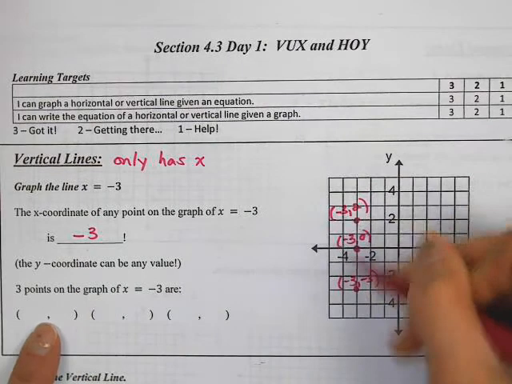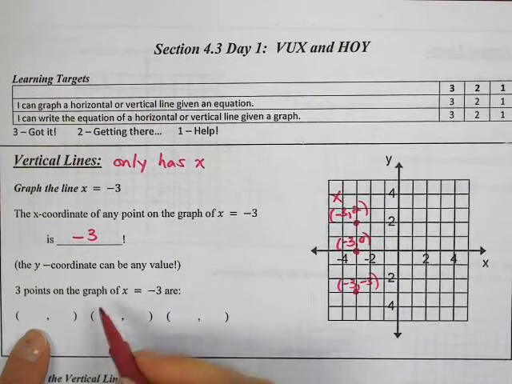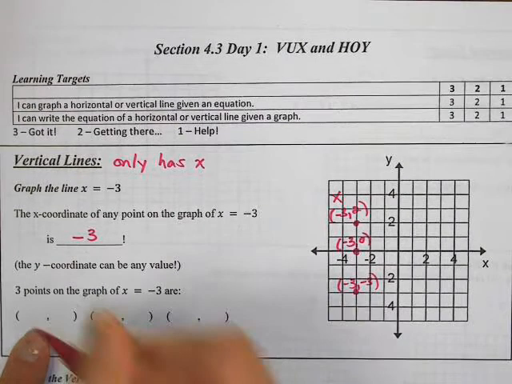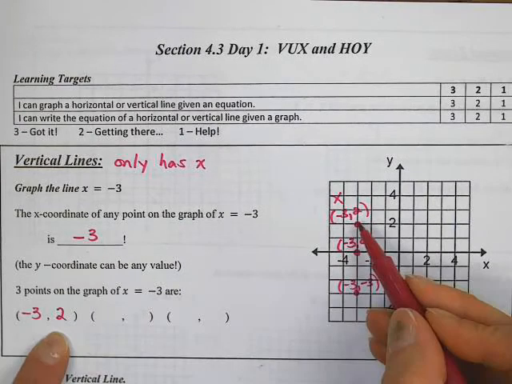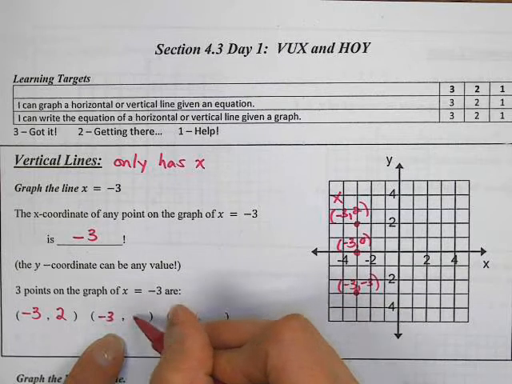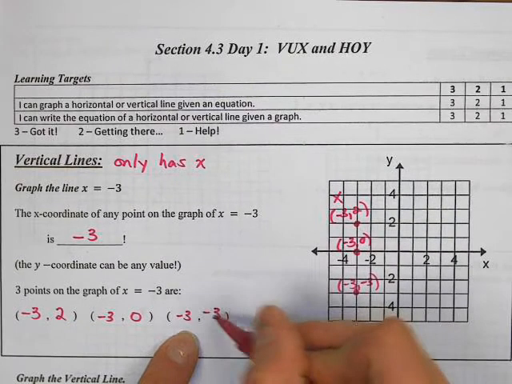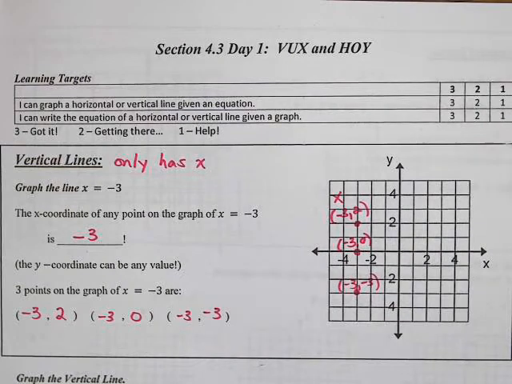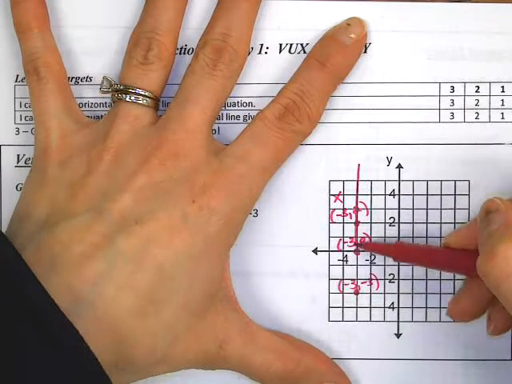All of the x numbers are -3. So when you have an equation x equals -3, all of the x's are -3. -3, 0. -3, -3. And then what is the equation of the line? The graph looks like this.